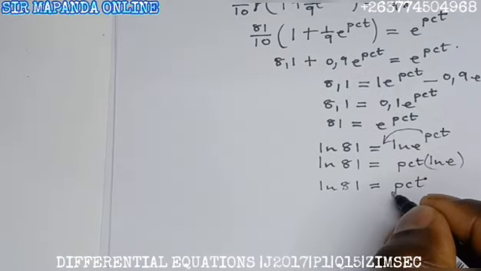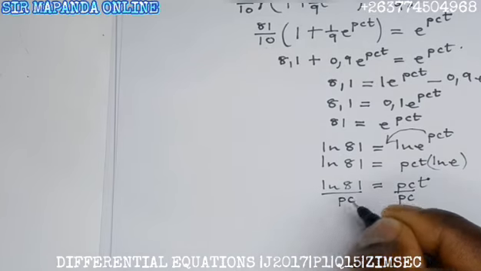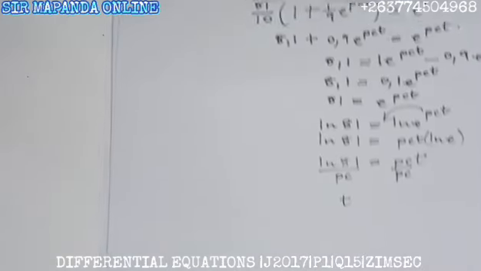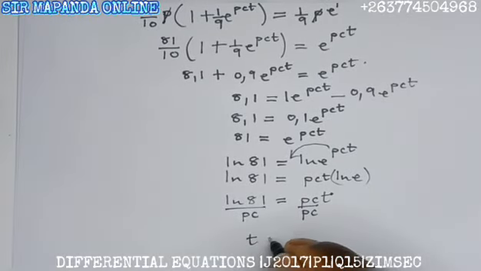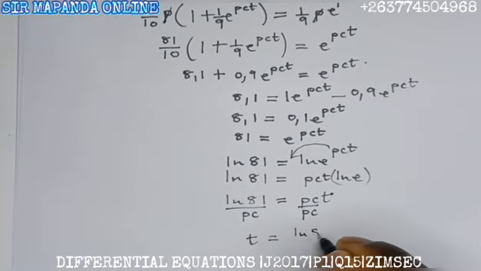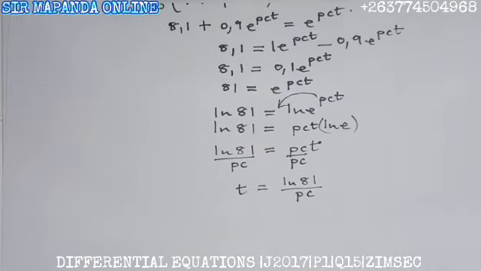Then to find your time, divide both sides by PC. It means your time is equal to ln 81 divided by PC. Then you are home and dry. So this is how you're supposed to attack the DE.